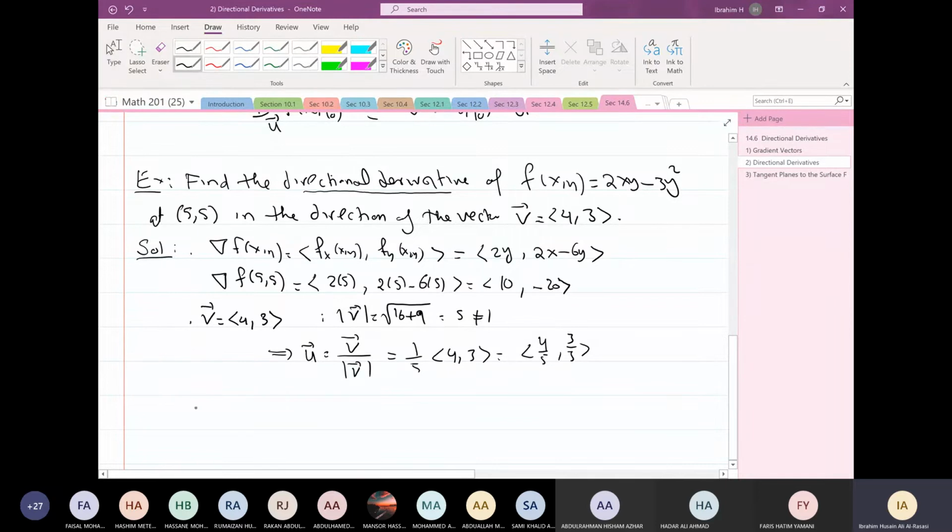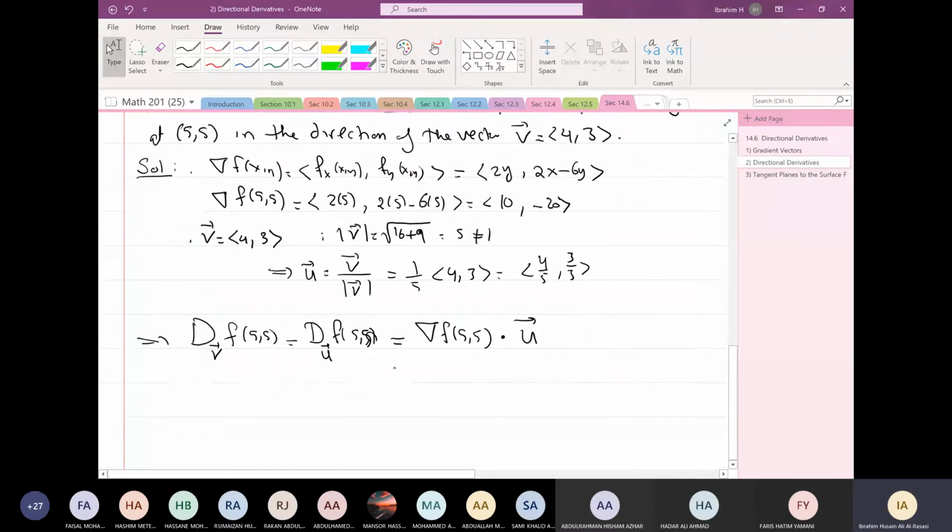So now the directional derivative of f at (5,5) in the direction of v is the directional derivative of f at (5,5) in the direction of u. So I go from v to the unit vector. Now I have the formula: gradient of f at (5,5) dot the vector u.